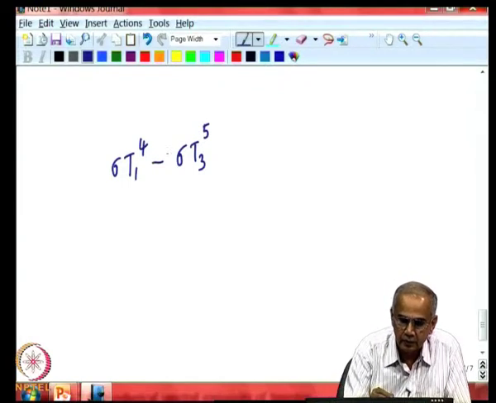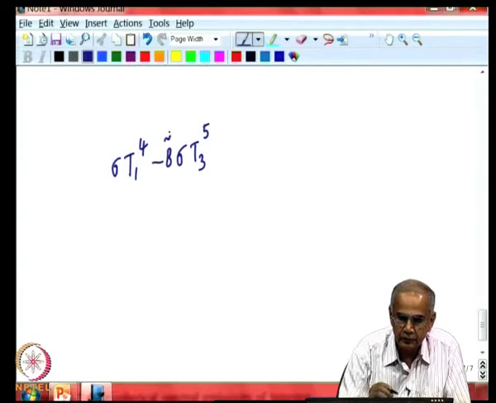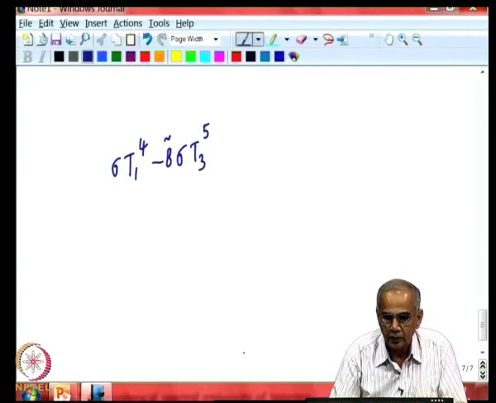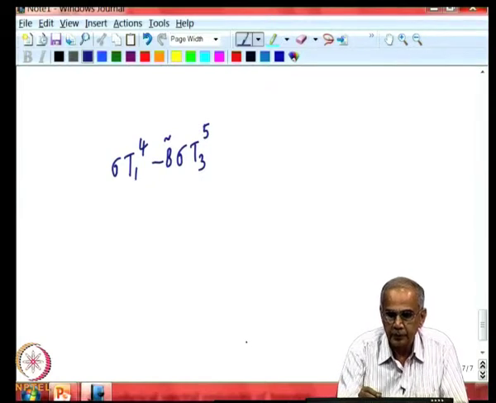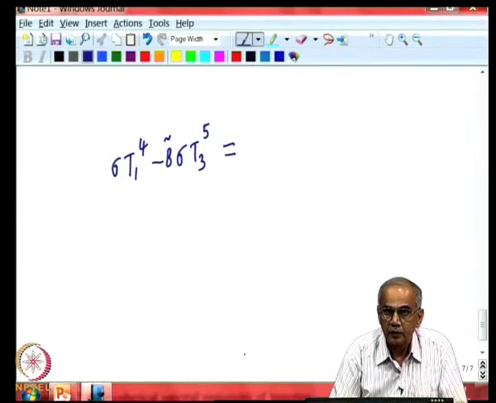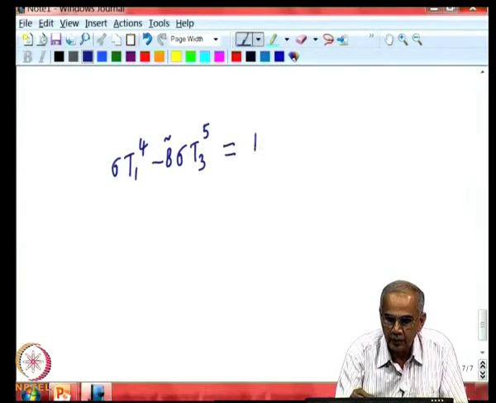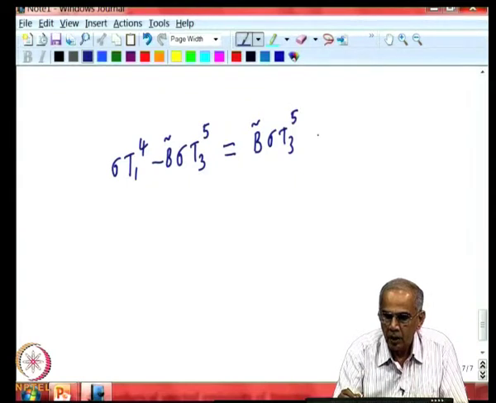Of course, there will be a B tilde here, which we have to remember, and this has to be equal to the energy that is emitted by 3, and that emission is absorbed by plate 2, and plate 2 emits back so much.